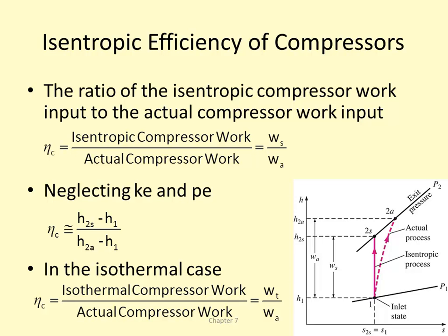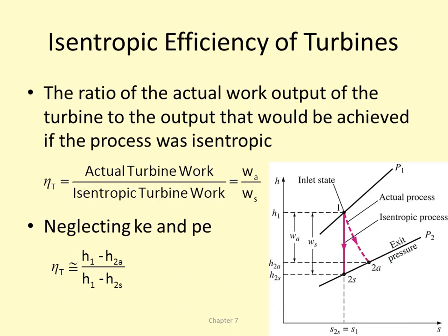So if we cool it enough so that the temperature remains constant throughout the compression process, then we have something also called the isothermal compression efficiency. So the isothermal compression efficiency is the isothermal compressor work divided by the actual compressor work. Okay, so all of these equations will be given to you in your equation sheet, but just understand when they apply and how to use them.